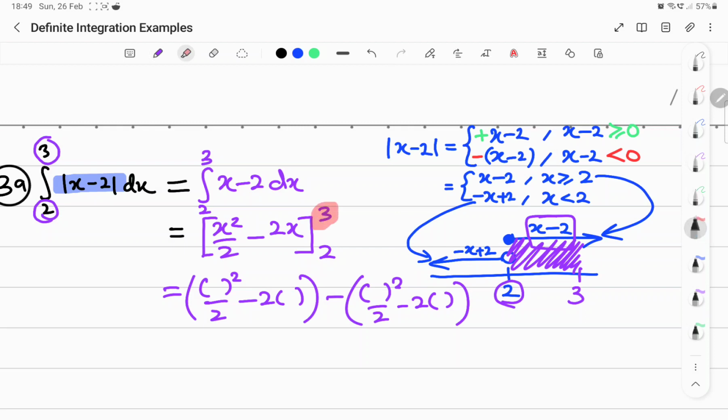What is the upper limit? 3, so 3 over here. And then what is our lower limit? The lower limit is 2, right? Then put 2 over here. And then the rest of the calculation, I leave it to you with your calculator.